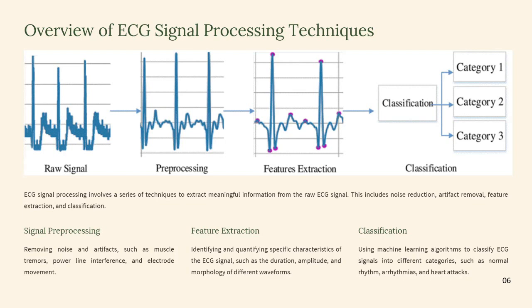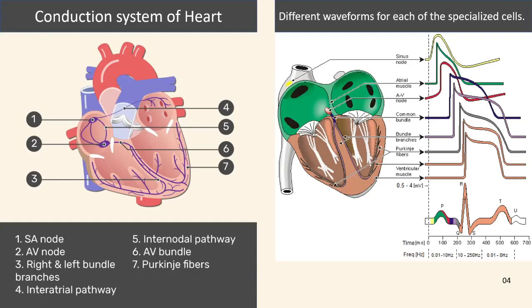So let's move into the overview of how we process the ECG data. When we have raw data, first of all we have to pre-process it. Pre-processing means noise and artifact removal, like muscle tremors and power line interference. There are many kinds of noise. Then we have to extract features, like statistical features, and also other features like duration of the wave, amplitude of the wave, and morphology of different waveforms, which I have explained here.